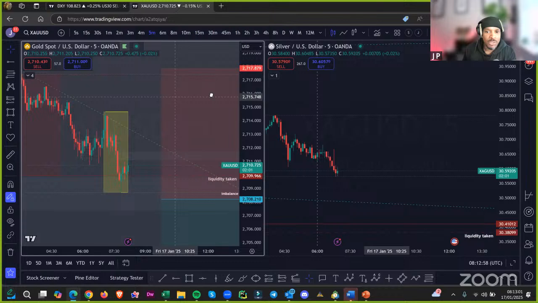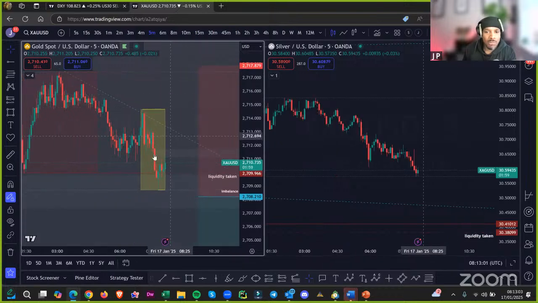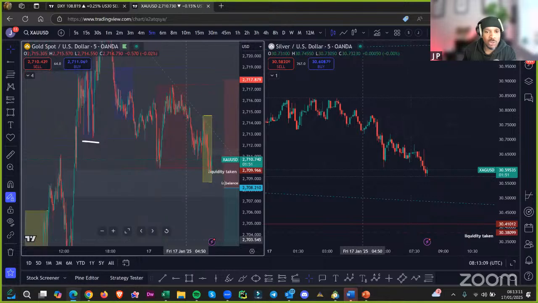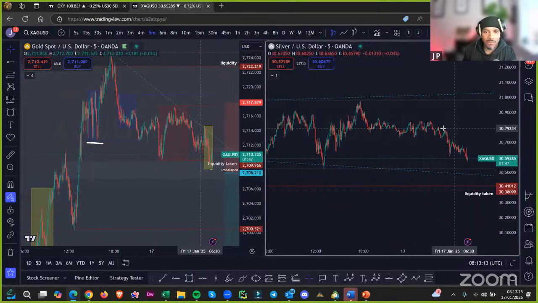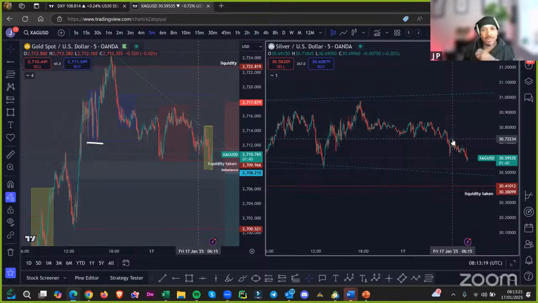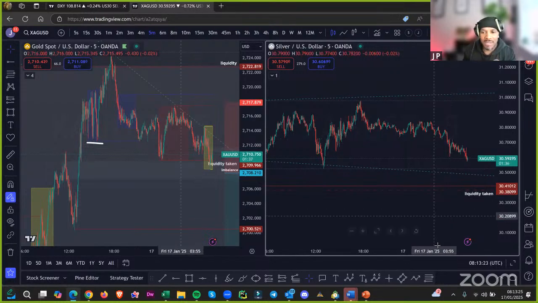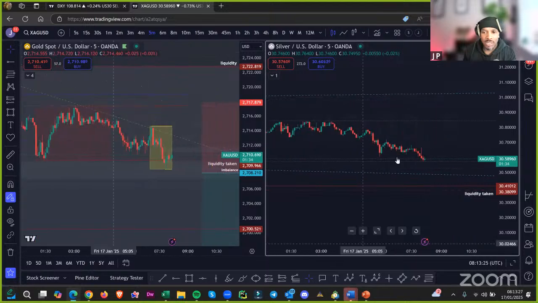If we start to see any divergence, the markets doing different things in different areas where the market's pushing down or pushing up, that can give us some sort of inkling that maybe something else is going to happen, and maybe there's going to be a reversal in the market.